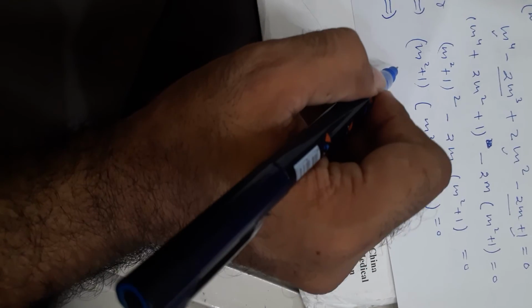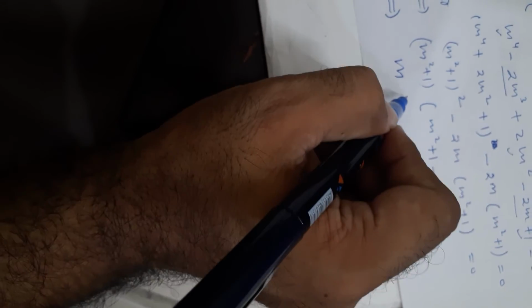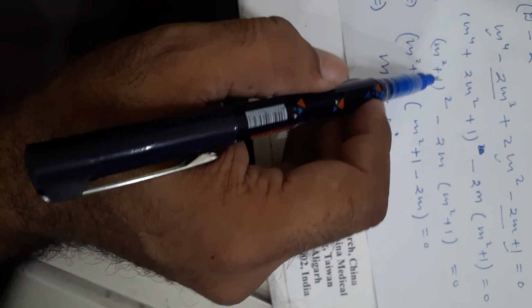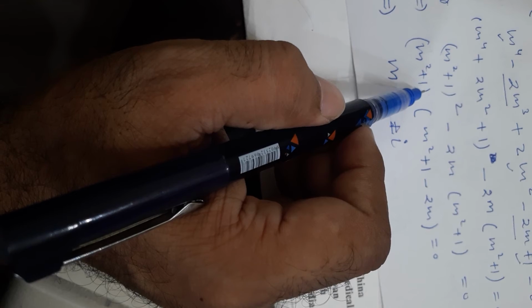From here we have the roots ±i. This factor gives us ±i, and the other factor is (m − 1)², so we have here 1, 1.